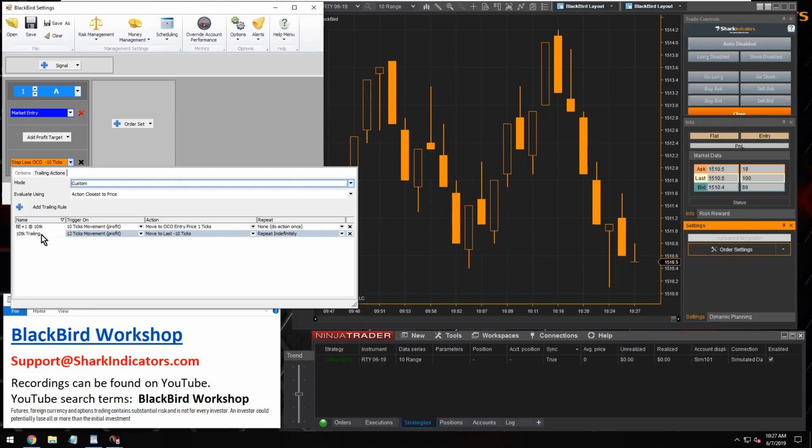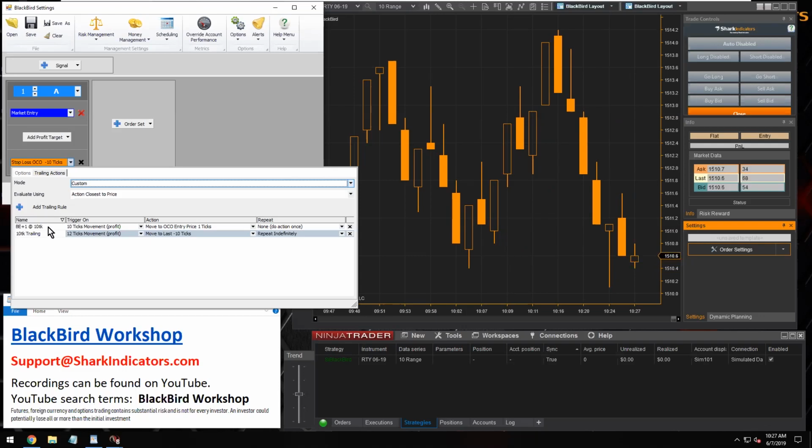The way this trailing is designed is that the break even will occur first, and then the flat 10 tick trailing will begin to trail afterwards.